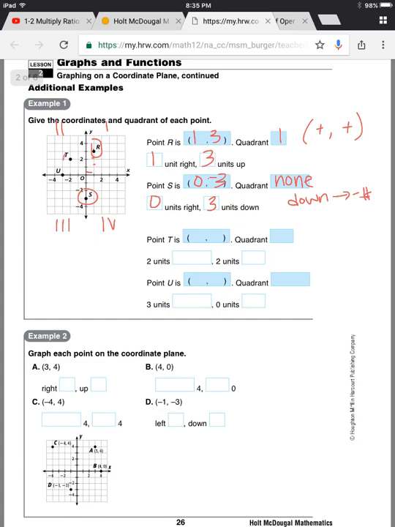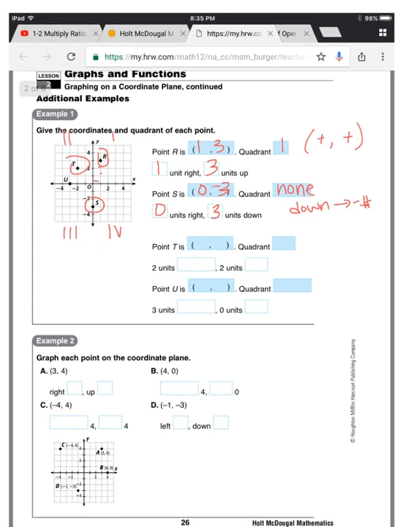Point T is there. By our labels of our quadrants, we know that's in quadrant 2. This time, I didn't go right, I went left. I went 2 units left from the origin right there, and then I went 2 units up. Because I went left, my answer is -2, and up is +2. So left gives me a negative number.